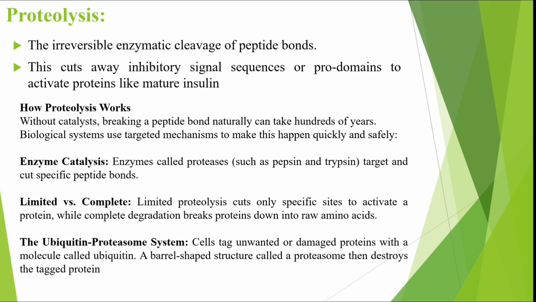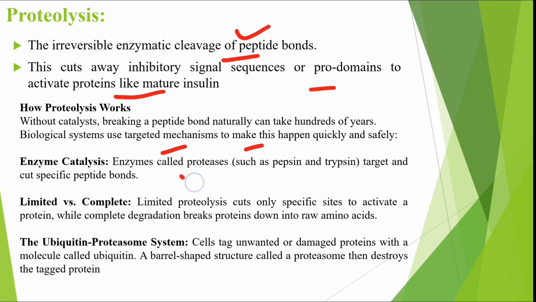Now proteolysis, the cleavage of peptide bonds. It cuts away inhibitory signal sequences or prodomains to activate proteins, like to mature insulin. How does proteolysis work? Without a catalyst, breaking a peptide bond naturally can take hundreds of years. Biological systems use targeted mechanisms to make this happen quickly as well as safely.